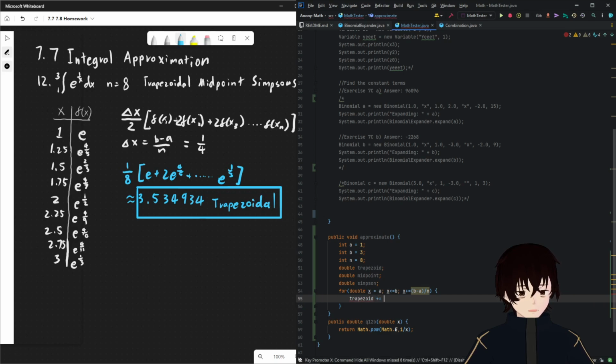Trapezoid plus equals 2 to 12 of, which shall be X, right? Initialize order of values, initialize variables.